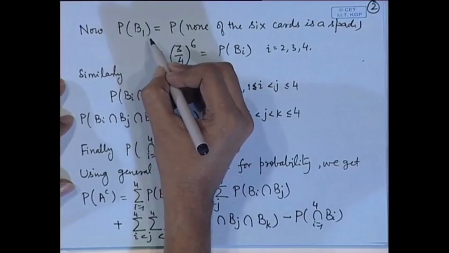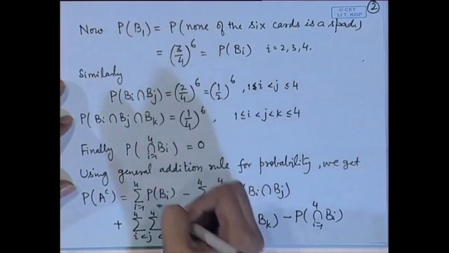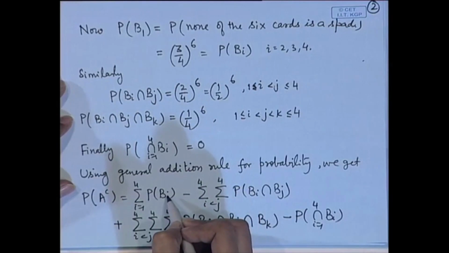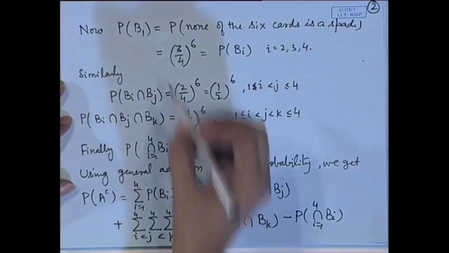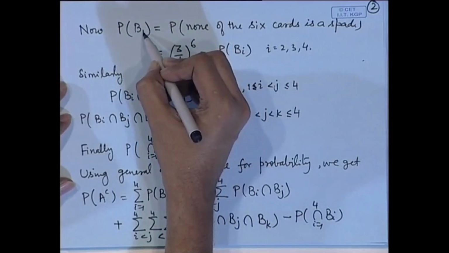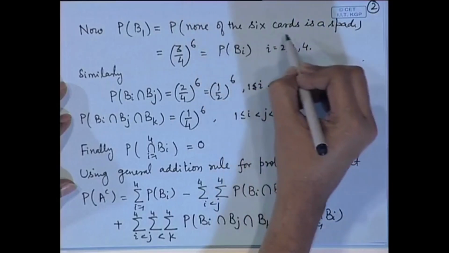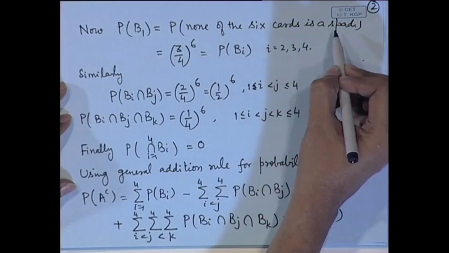Let us consider probability of B_i. Here I will need to consider probability of B_1, B_2, B_3 and B_4. Let us consider probability of B_1. Now, B_1 is the event that none of the 6 cards is a spade.